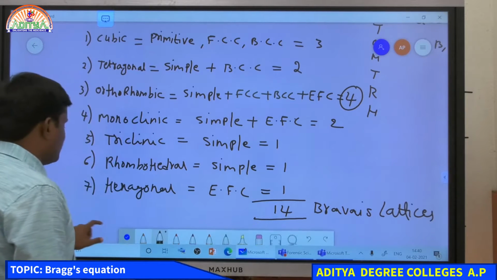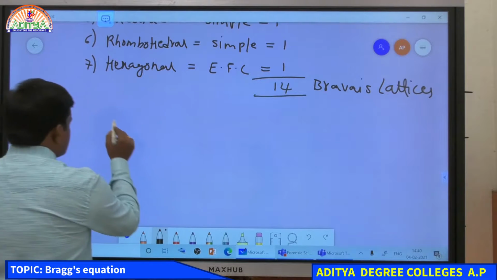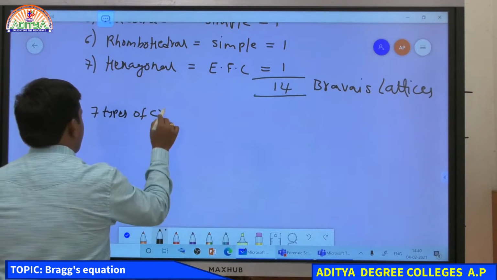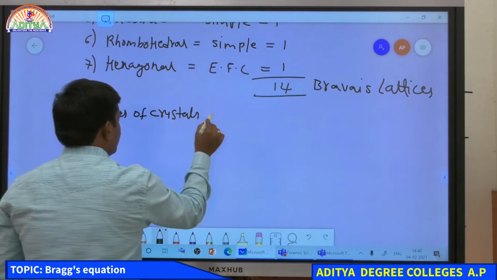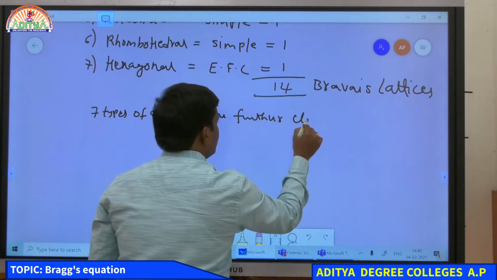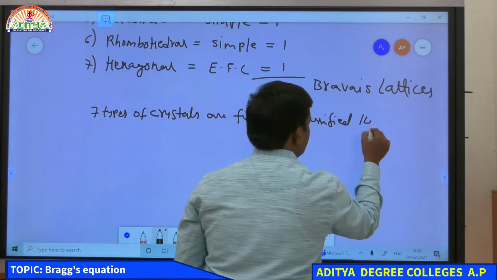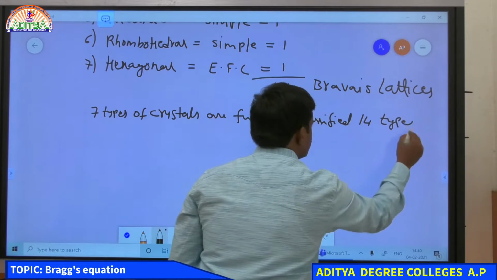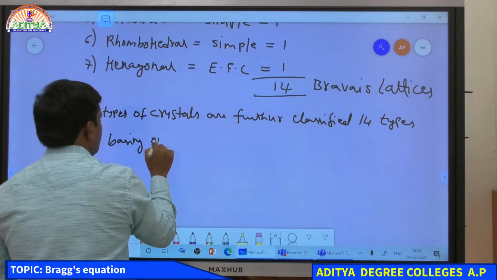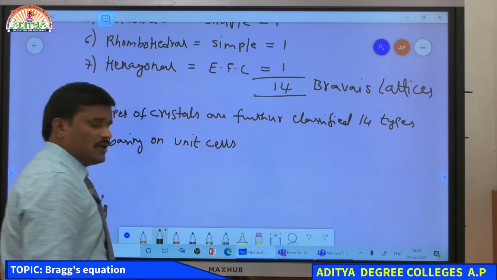So the definition for Bravais lattices is: the 7 types of crystals are further classified into 14 types basing on unit cells.